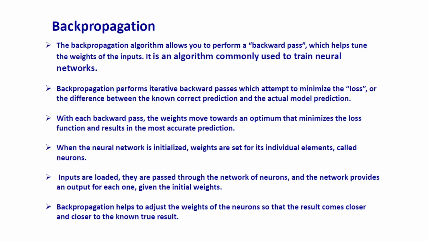So, we compare the actual output with the model output, and if they are not matching, we calculate the error between the two, and that is what is called the loss function. So, the idea of backpropagation is to minimize the loss function. We discuss this in several other networks and problems also. With each backward pass, the weights will move towards an optimum value that can minimize the loss function, and that can lead to more accurate prediction. That is the idea.